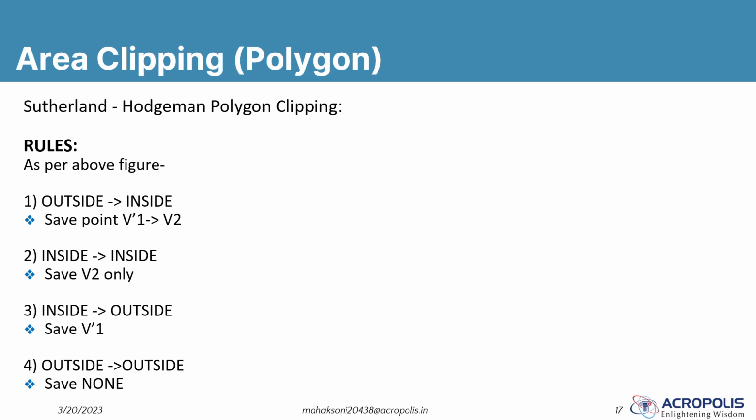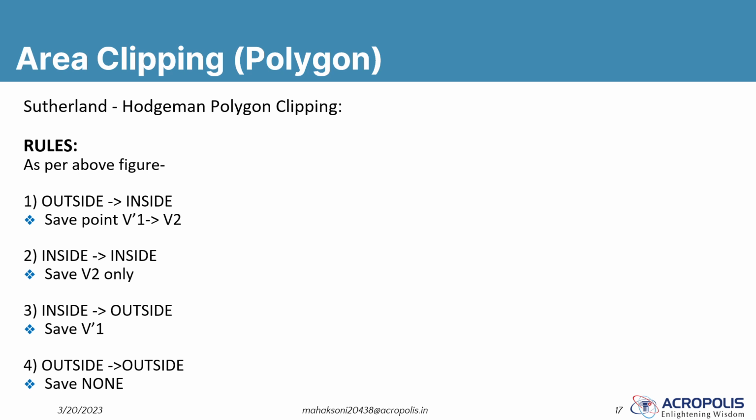First, outside to inside: save points v1 dash and v2. If points lie inside the window, then save the v2 point. If the edge is directed from inside to outside, then save the intersecting point of the line with the window. And if the edge is outside to outside, then we need not save any point.